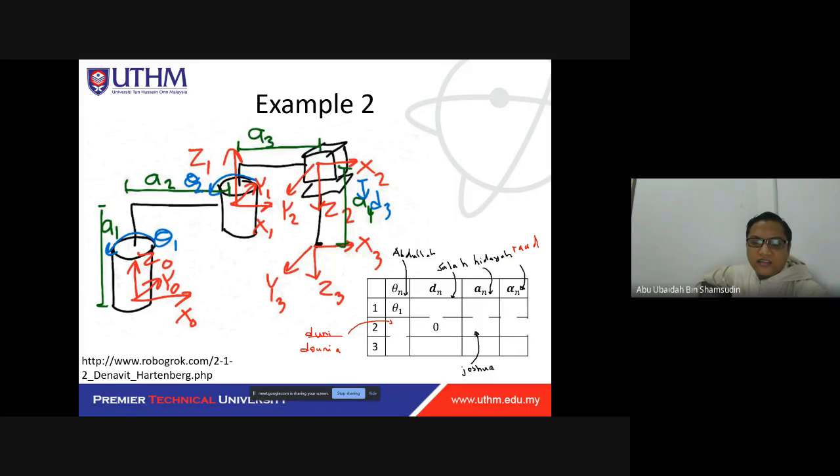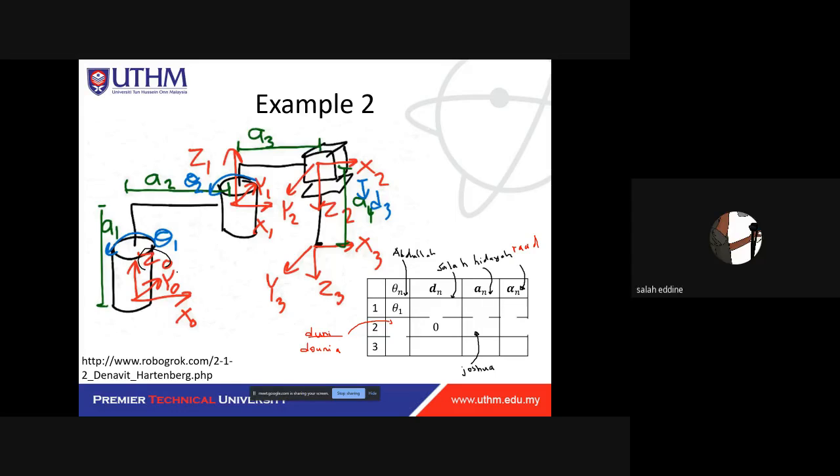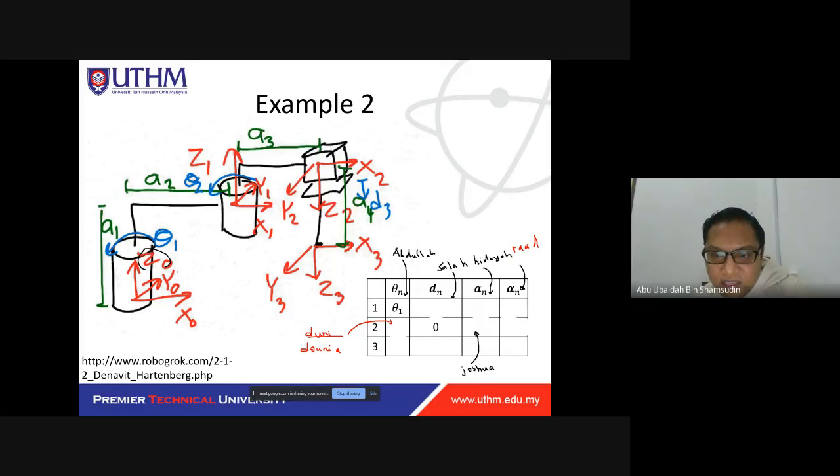Okay, so this is Z0 and Z1. Yes, it's correct. It should be 0. For me, it's A1. Oh, for the D1, the value is A1. Yes, it's correct.